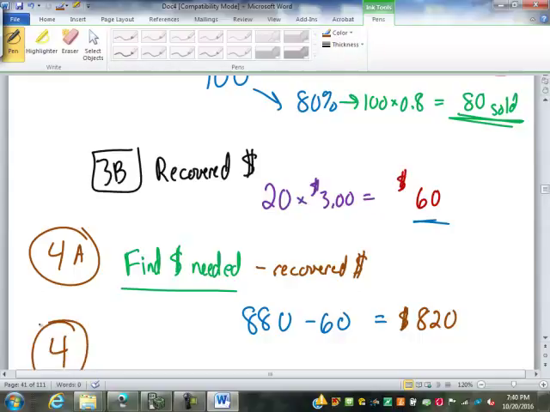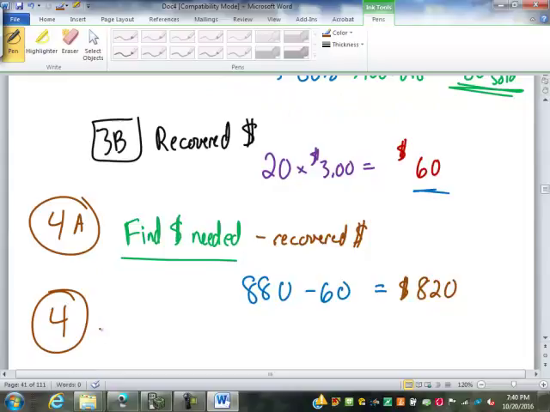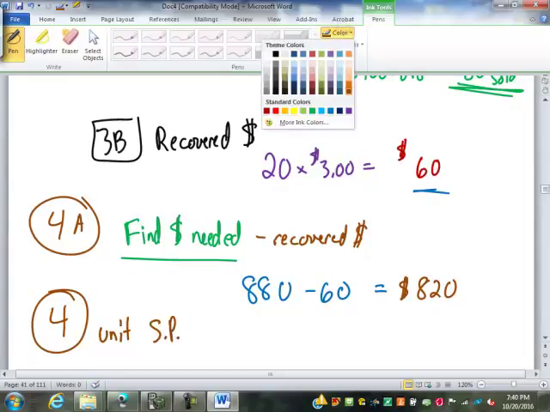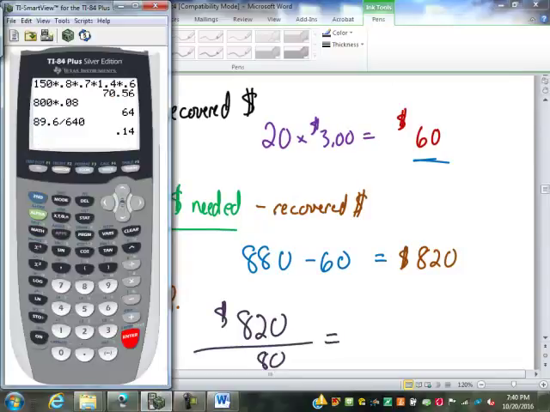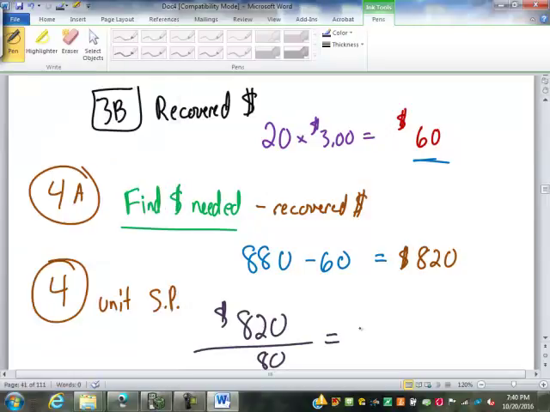So now step 4, find the unit selling price. It's simply the $820 divided by the 80 that are going to sell. So we have to sell them for $10.25.